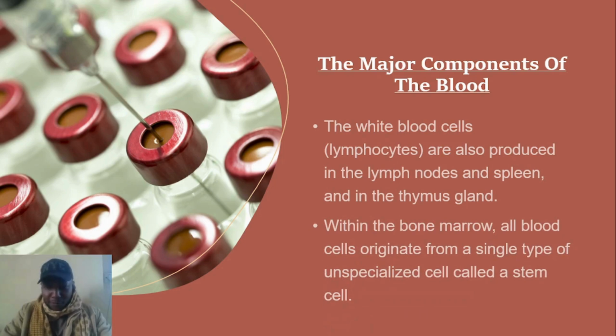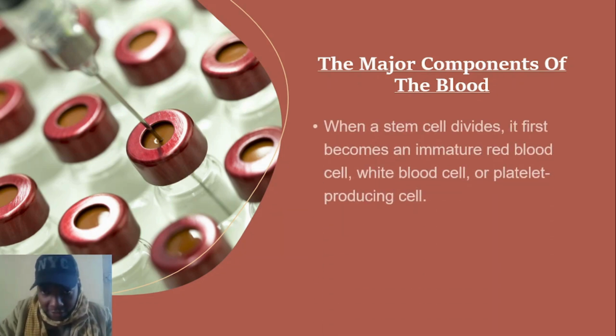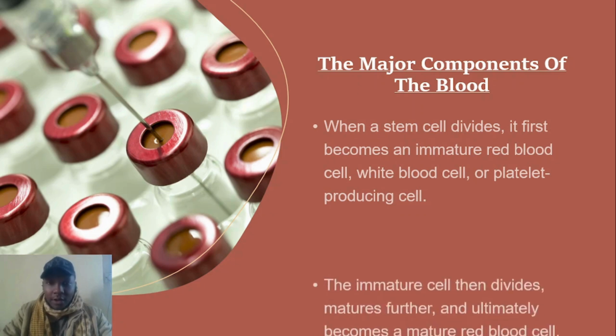Now, within the bone marrow, all blood cells originate from a single type of unspecialized cell called the stem cell. When a stem cell divides, it first becomes an immature red blood cell, white blood cell, or platelet-producing cell.